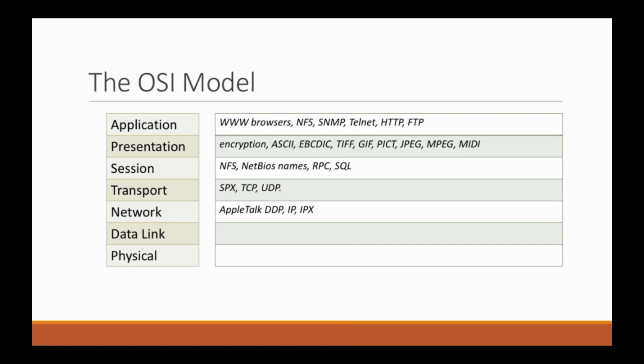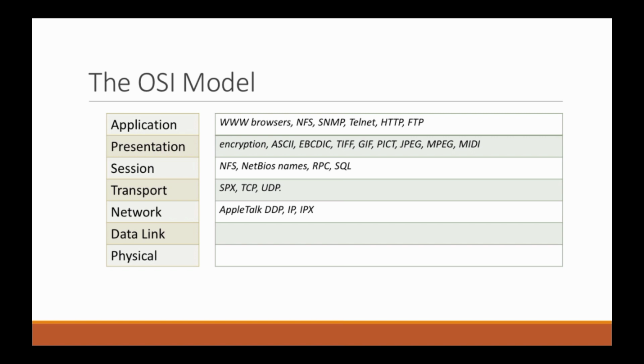Data link, the big one. At this layer, data packets are encoded and decoded into bits. It furnishes transmission protocol knowledge and management and handles errors in the physical layer. Flow control and frame synchronization also come into this as well. Then the data link layer is divided into two sublayers really. You have the media access control, which is the MAC layer, and the logical link control, the LLC layer.